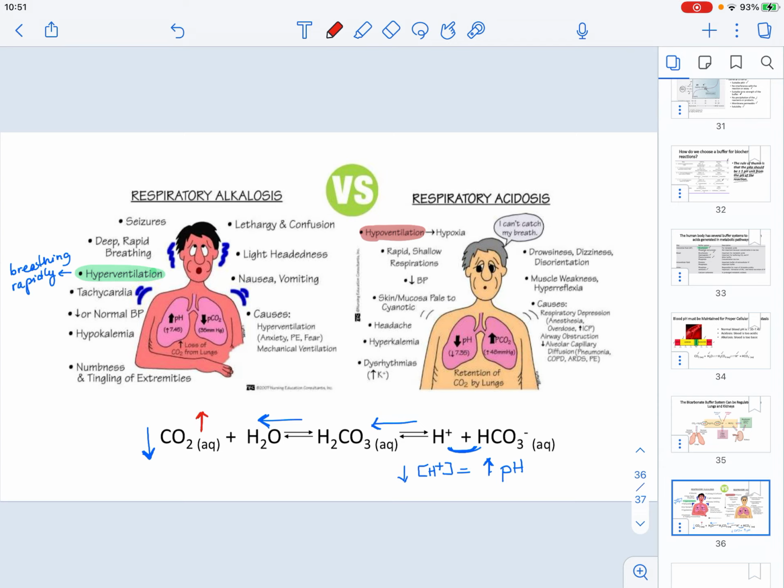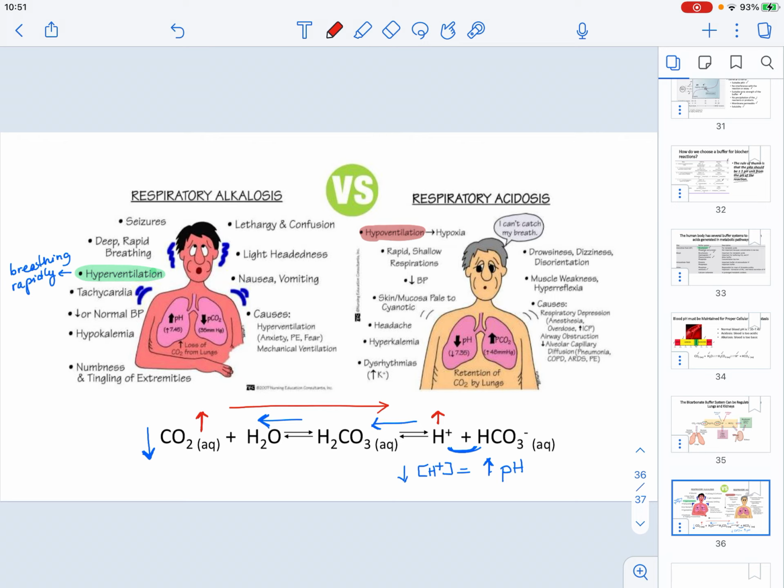If you're increasing the CO2, remember, based on Le Chatelier's principle, the rate of the reaction in the forward direction is going to be increased, which means that our concentration of H plus is going to increase.